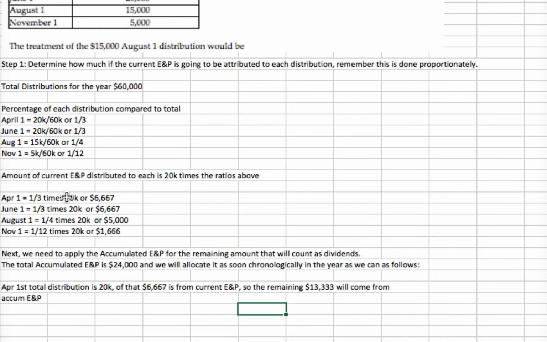Just like April 1st, the June 1st distribution still has $13,333 left that we haven't already attributed to current earnings and profits. Since $13,333 is more than what we have left over in our accumulated, we're going to use up all of the accumulated and still have some of this distribution that's going to come back to us as a return of capital.